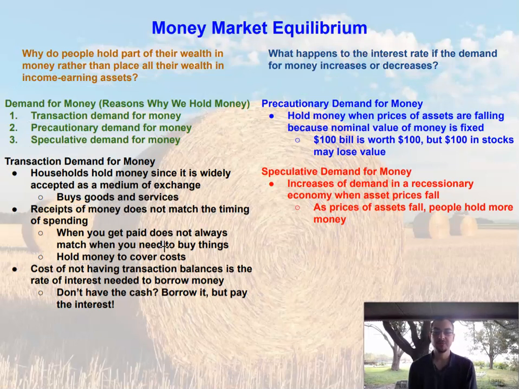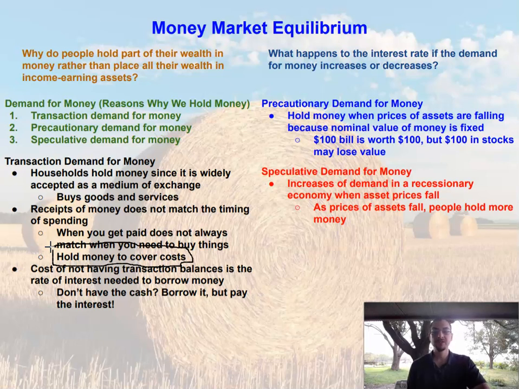And then the last aspect of it is that the cost of not having transactional balances is the rate of interest needed to borrow money. So what if you didn't actually hold money to cover those costs? What if you didn't hold that money in your account as a checkable deposit or anything like that? Well, whenever you needed to go buy something, you'd have to borrow that money.